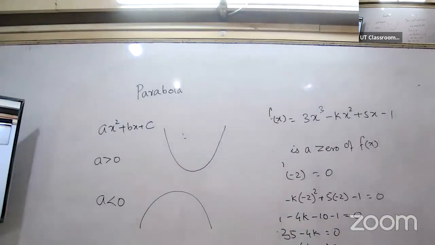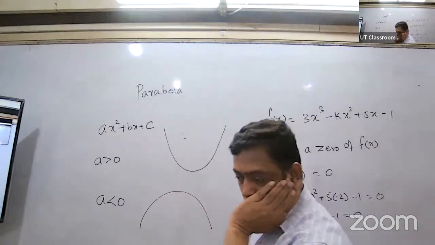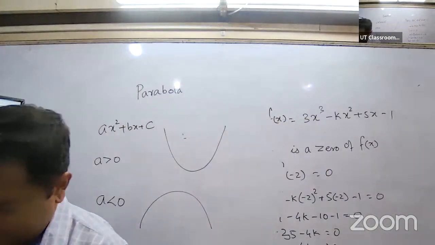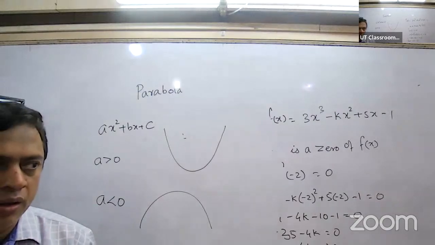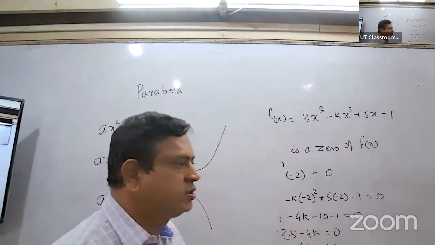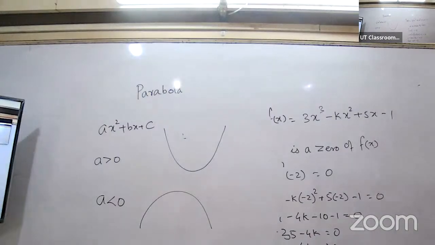Next line: if a is less than 0, the parabola opens downwards. One is open upwards and the second one is what? Open downwards. Okay, this is the condition. Written all of you?